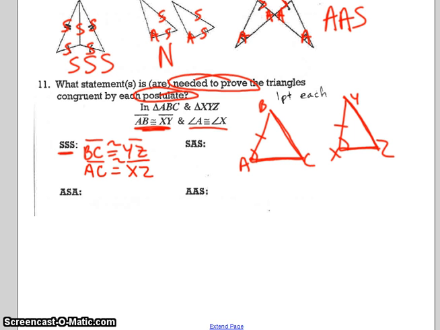Side, angle, side. We have a side and we have an angle. We just need an extra side. And remember, that angle has to be included with the two sides, so that should be AC and XZ. We need that extra side.